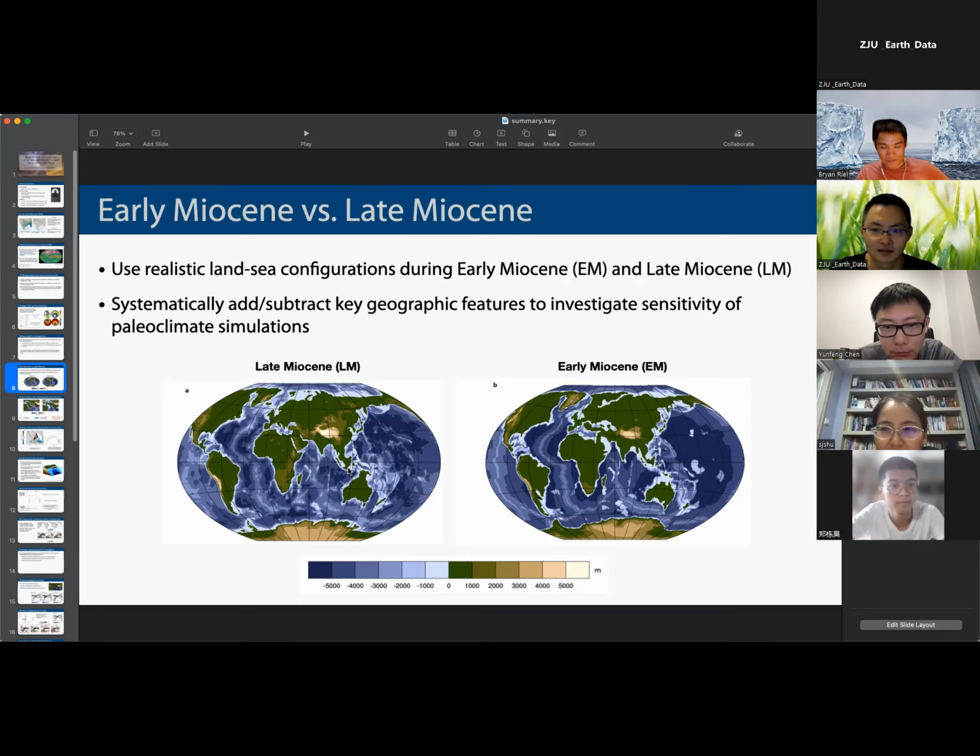Yes, I guess the East Asian monsoon also differs between the two periods. I think the monsoon is triggered by the land-sea contrast. The East Asian monsoon is formed from Australia, so if Australia changes, I guess the circulation is different.